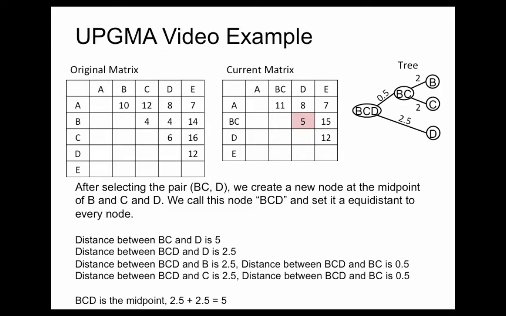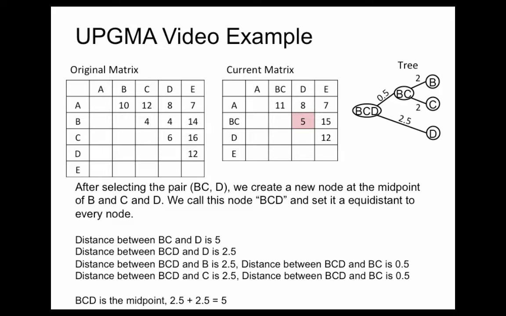But because we have to consider how far away BC was from B and C, we know that it's already 2 away. So the distance between B and C's most recent common ancestor and B, C, and D's most recent common ancestor is 0.5. If you put this in English, the split between the B and C branch and the D branch was all pretty close together.